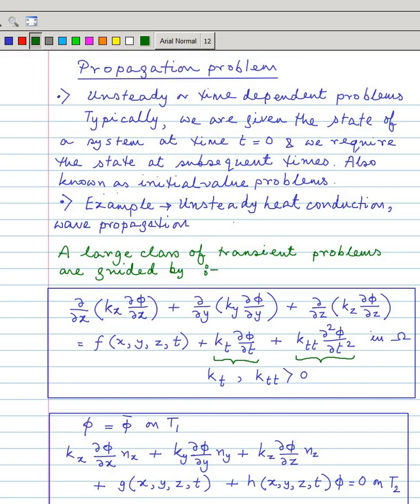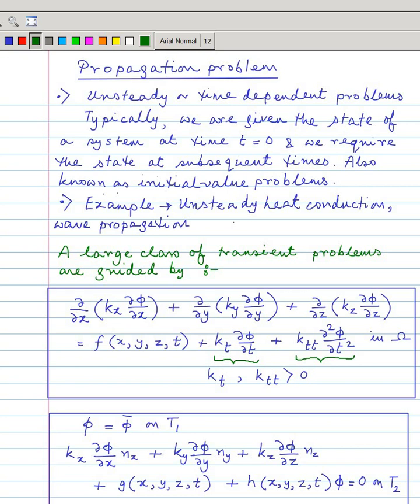So our present topic is propagation problem. These are actually unsteady or time dependent problems. Typically we are given the state of a system at time t equal to 0, and our objective is to find out the subsequent states as time progresses.